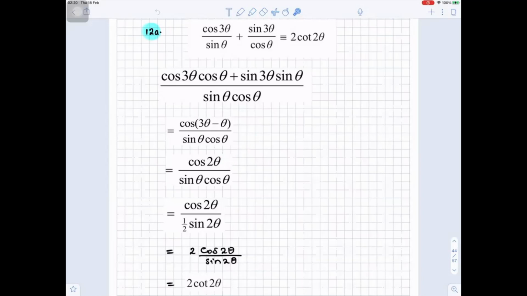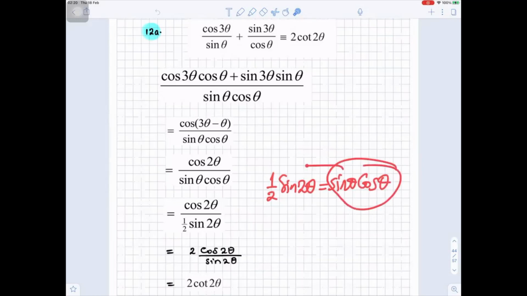And if you remember, sin 2 theta is 2 sin theta cos theta. And if we take the 2 to that side, it becomes a half. So half sin 2 theta equals sin theta cos theta.